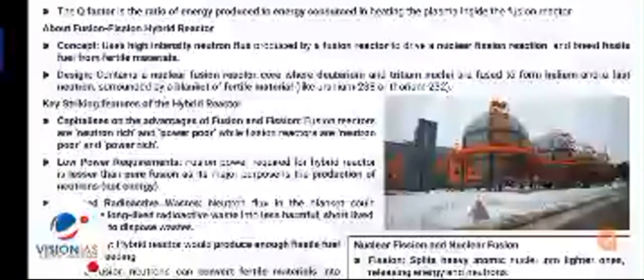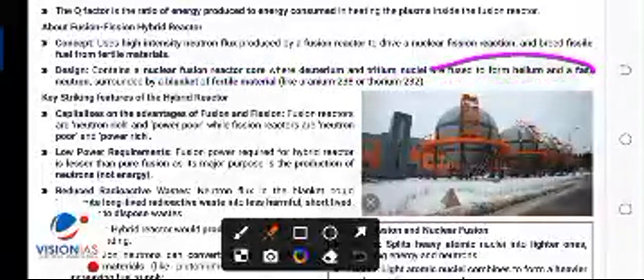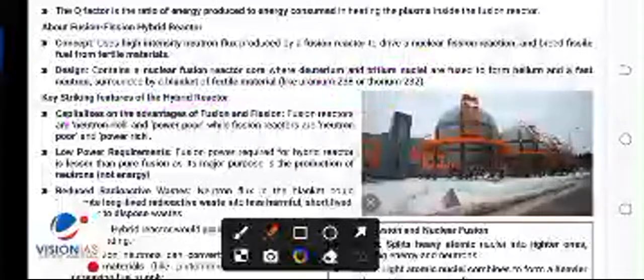The design contains a nuclear fusion reactor where deuterium and tritium nuclei are fused to form helium and a fast neutron, surrounded by a blanket of fertile material like uranium-238 and thorium-232. Key striking features of the hybrid reactor capitalize on the advantages of both fusion and fission.